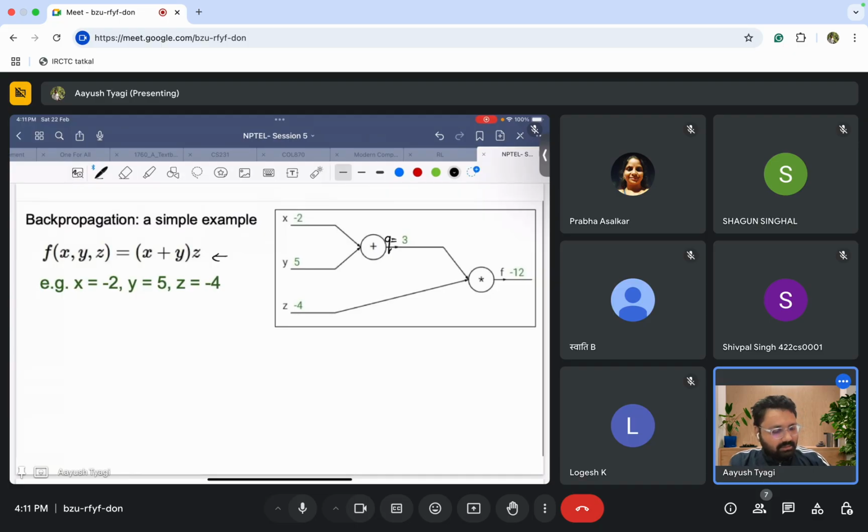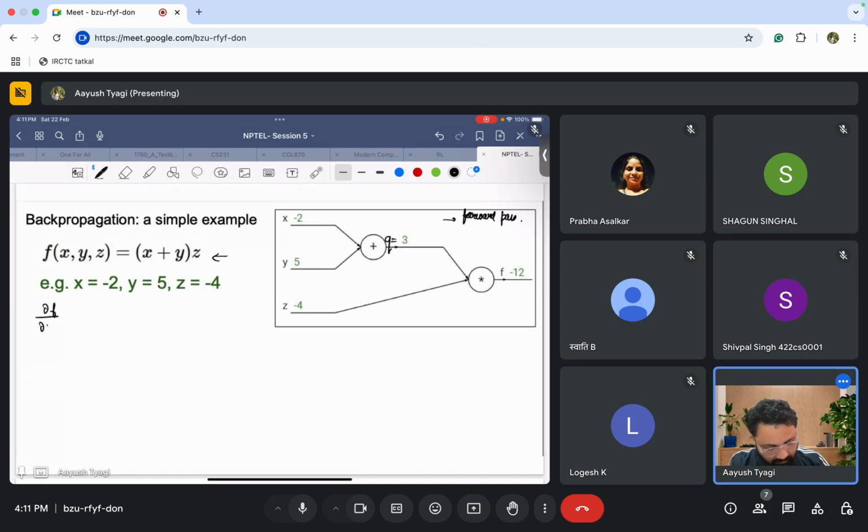Assume this is the forward pass. The goal is how we compute the backpropagation gradients so that we can update the variables.